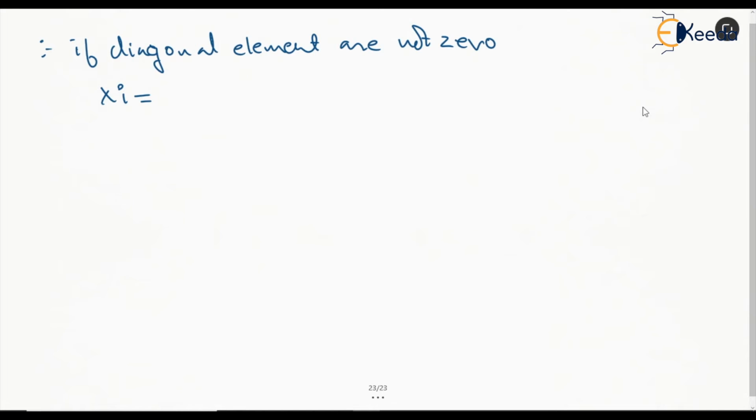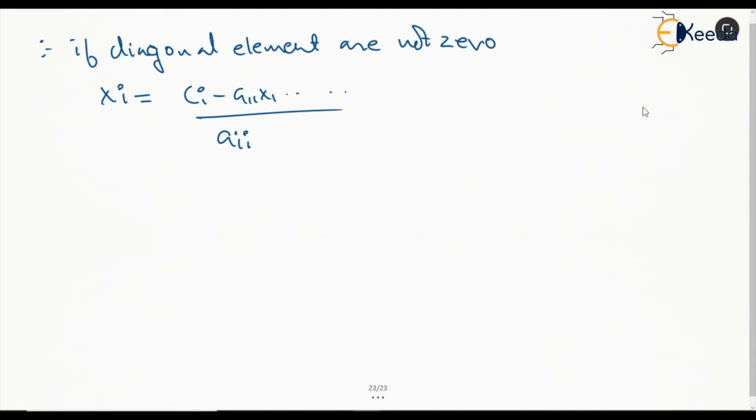Let's say xi is equal to ci minus a11 x1 and so on, divided by aii. So it is like writing all the variables in terms of other variables, putting all the variables except that variable on the other side and then sending the coefficient also on the other side.